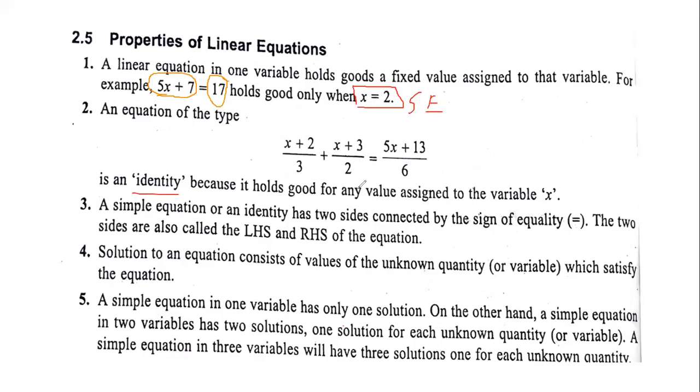Similarly, even for identity, this is one side, this is the other side. This side is called LHS and the other side is called RHS. Here also it is called LHS and the other side is RHS. So that is what they're trying to say. It has two sides.